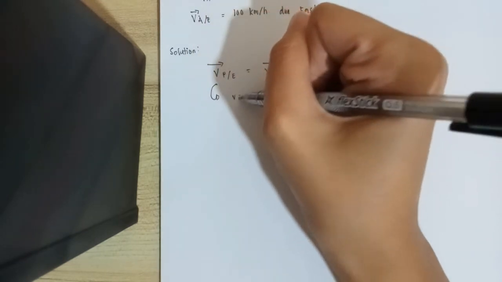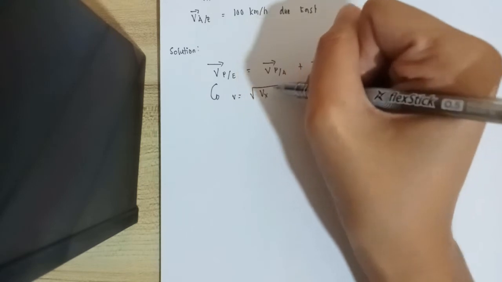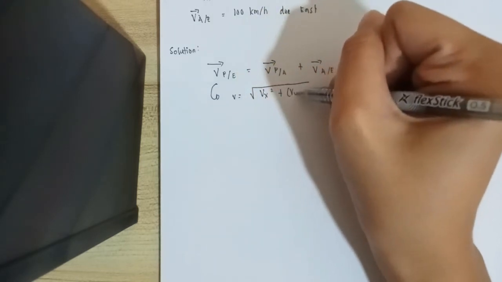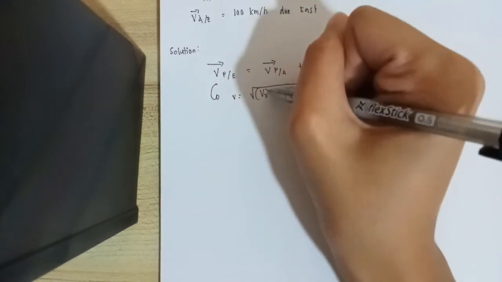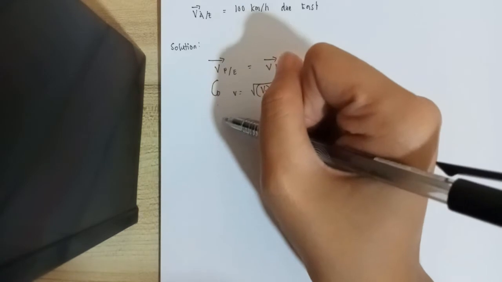In order to solve that, we can use the formula V is equal to the square root of Vx squared plus Vy squared. Substitution.